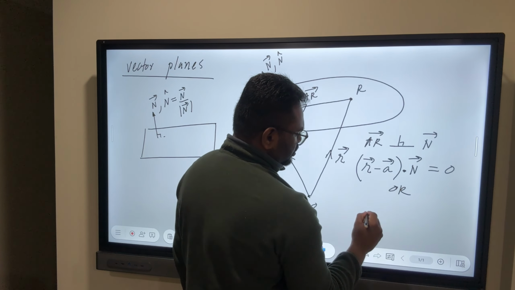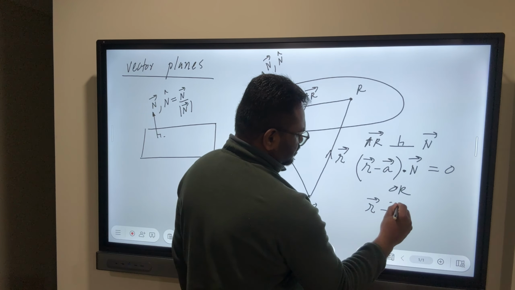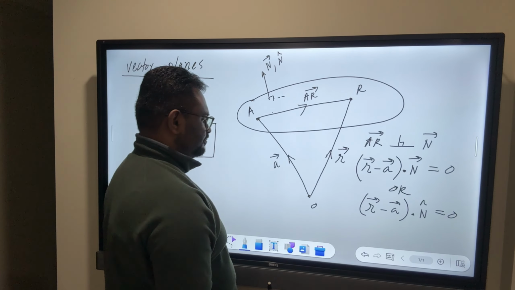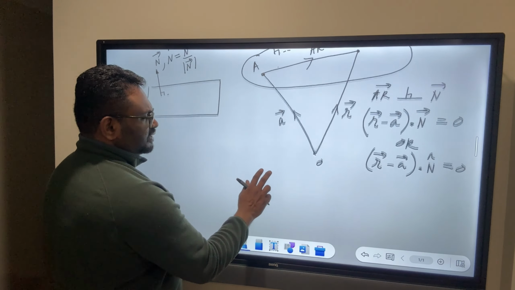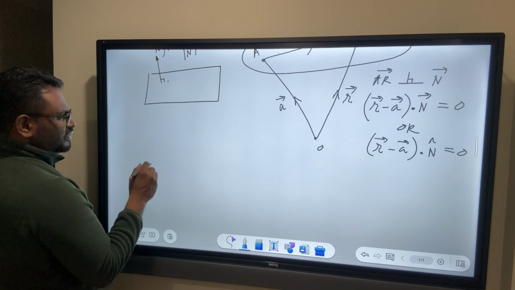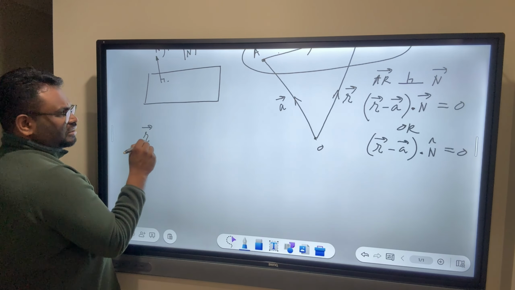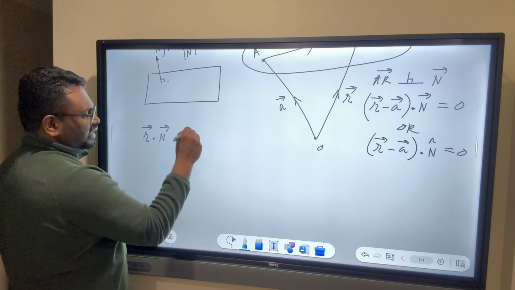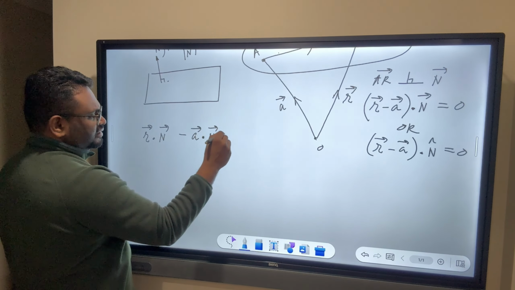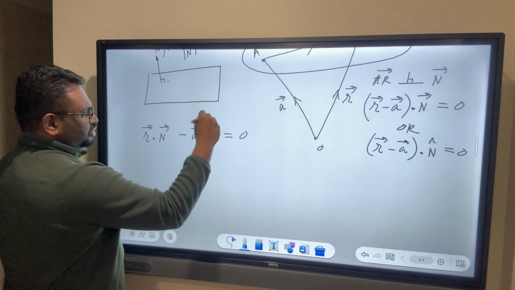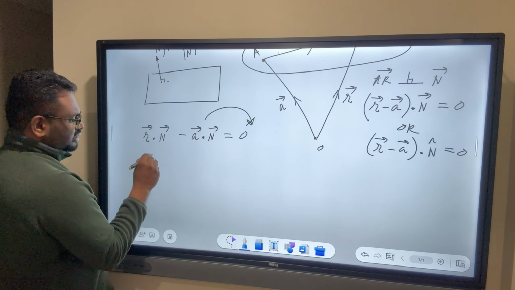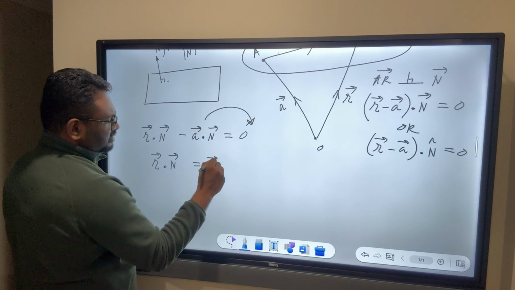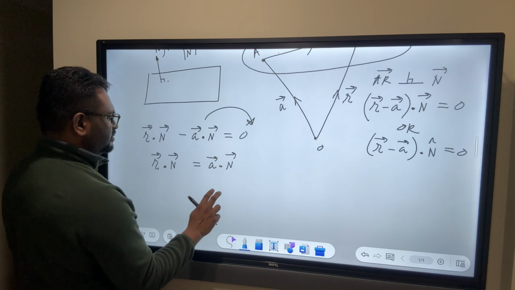Or you can dot this with N hat. It's going to be the same. Now from there, you get R dot N minus A dot N is equal to 0. So we put this one to the other side: R dot N should be equal to A dot N. Good.